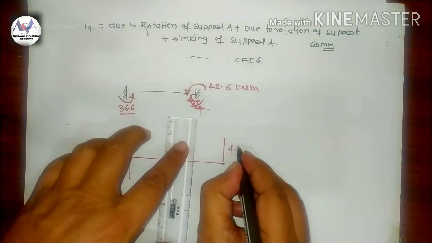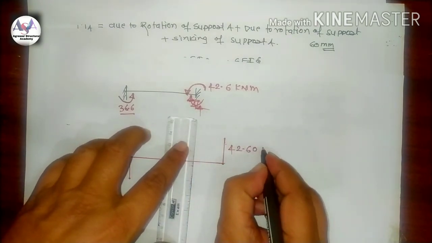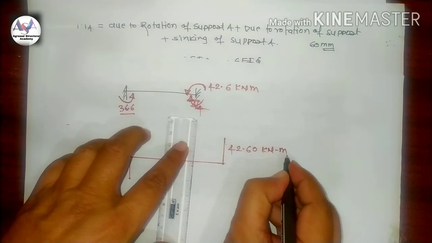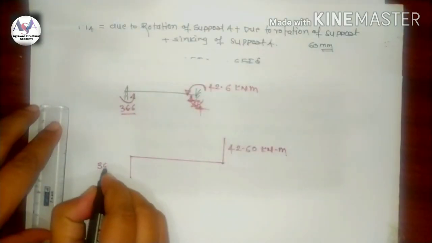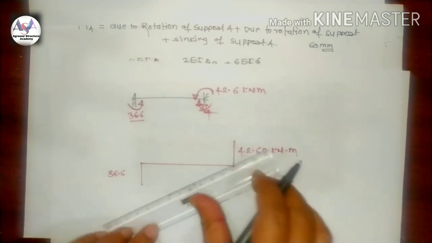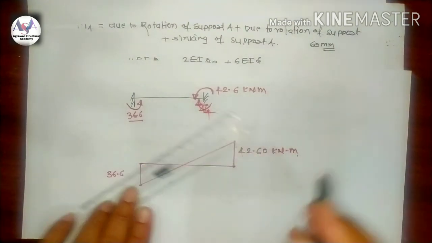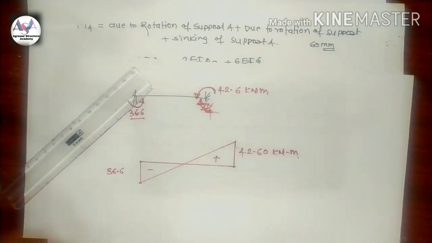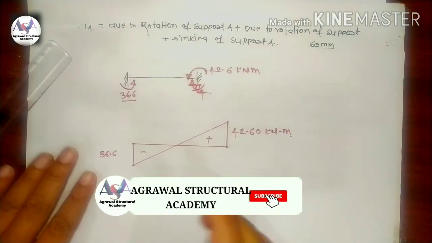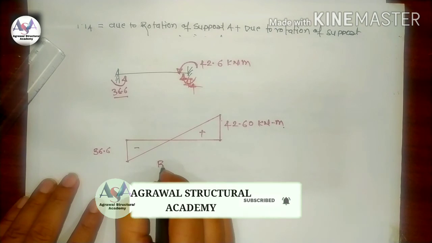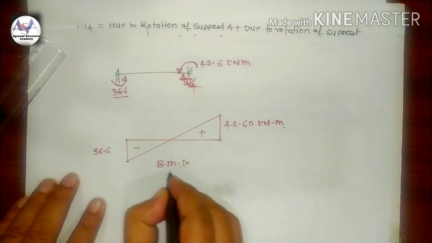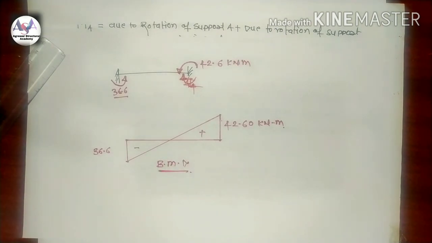This is 42.6 and this is 36.6, and join both. Minus and plus, so this is the final BMD.